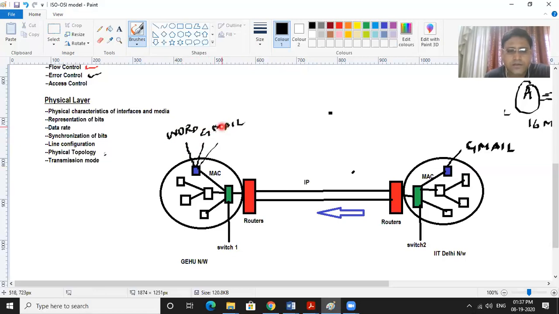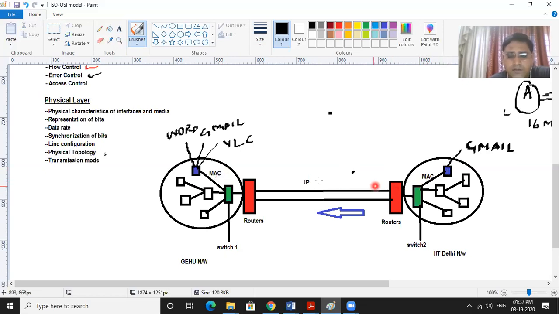And one more application is also open, let us suppose Media Player or VLC Media Player. Now, what do you think? The Gmail which was sent from this IIT Delhi's network, where will it go?